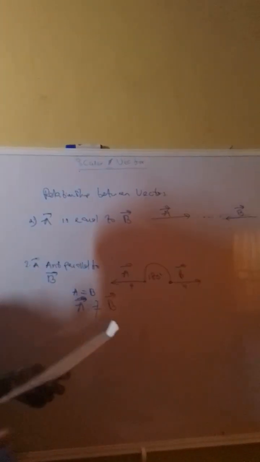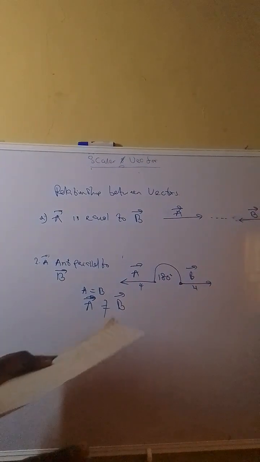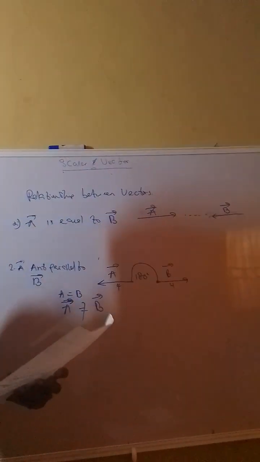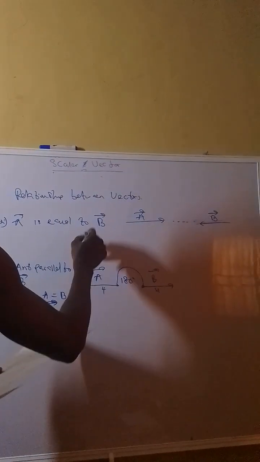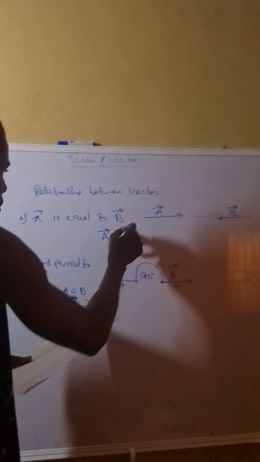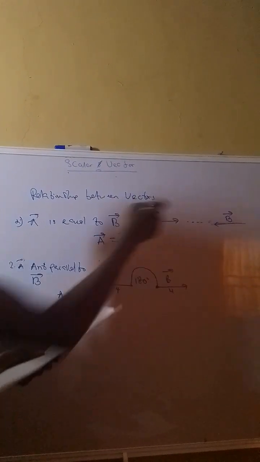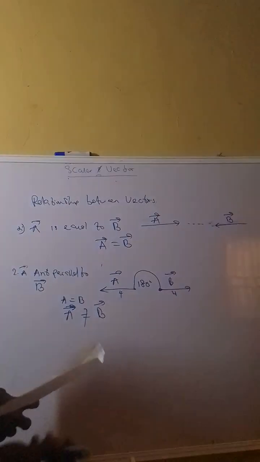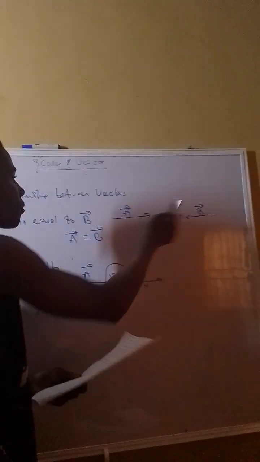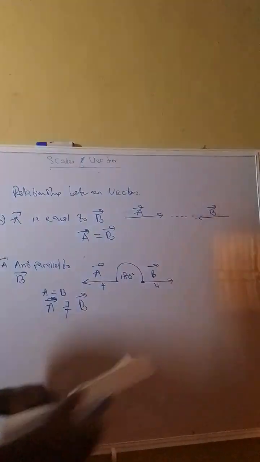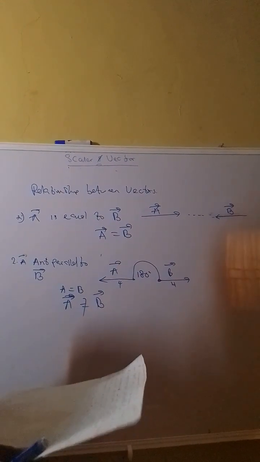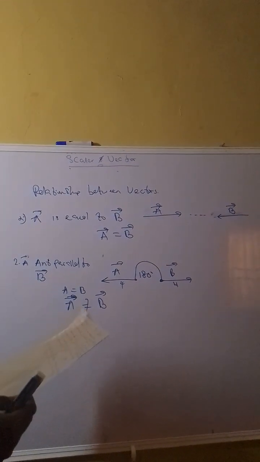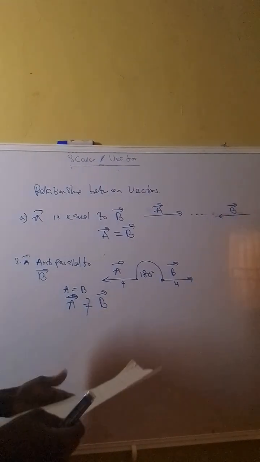Are you with me? Now it says vector A is equal to vector B. Automatically you know that vector A is equal to vector B, because this is 4 kilometers, this is 4 kilometers. First and foremost, they are equal. Why is that? They are both parallel to each other. That is, they are equal.